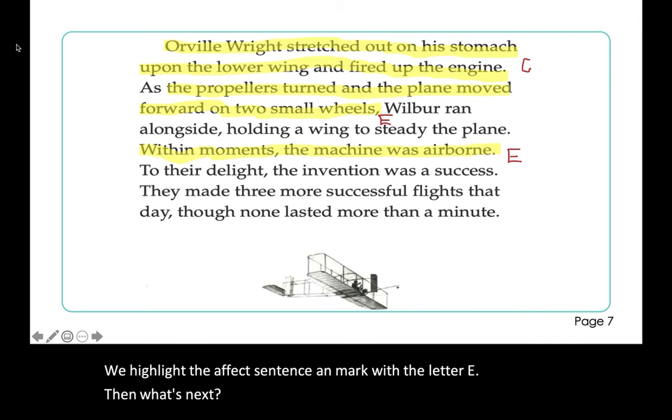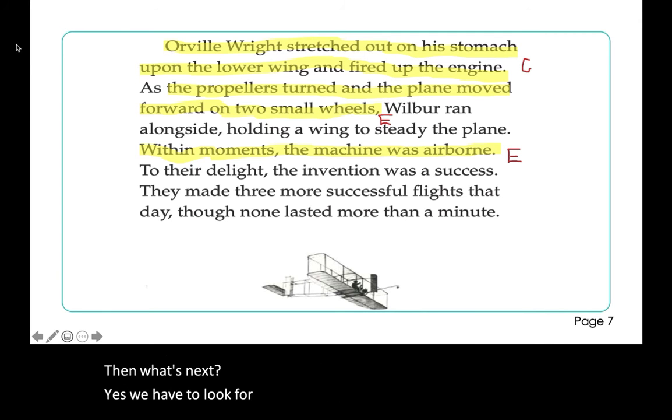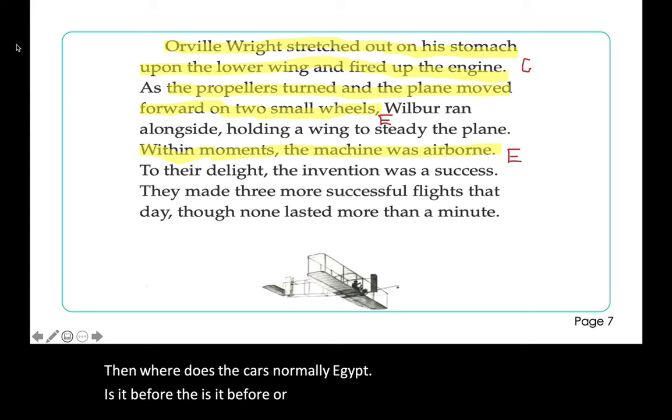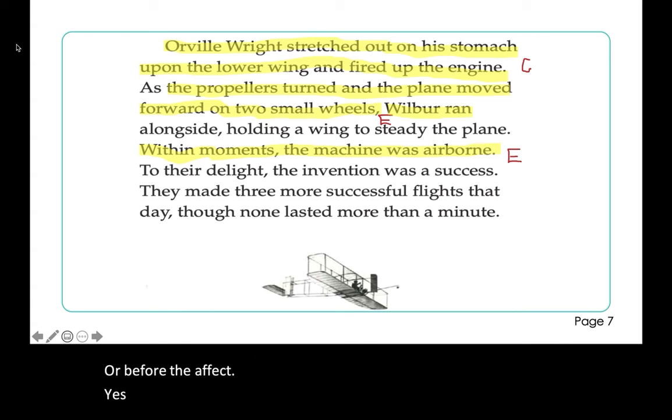Then what's next? Yes, we have to look for the cause related to the effect. Then, where does the cause normally exist? Is it before or after the effect? Yes, it happens before the effect. Now, tell me what is the cause for this moment?